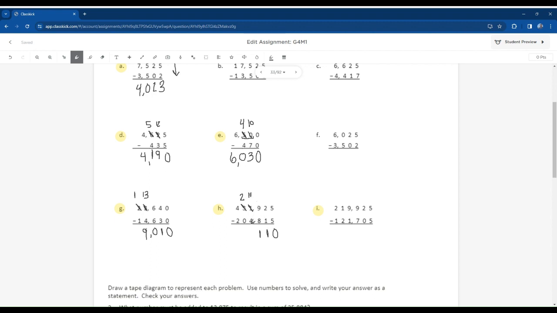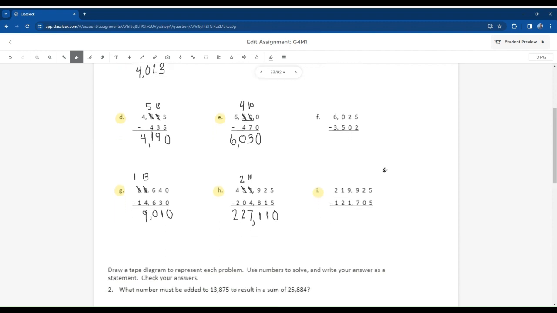So 11 take away 4 is 7. 2 minus 0 is 2. And 4 minus 2 is also 2, to make 227,110.